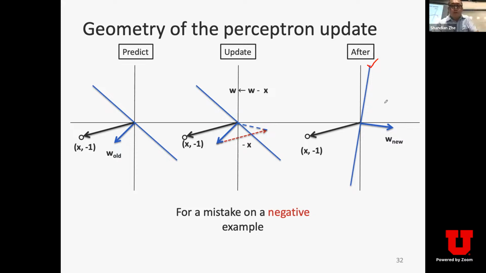So now, if we use our new model to make a prediction on X, what's the label? Negative, right? Why? Because this angle is now bigger than 90 degrees, so the dot product is negative. So our prediction will be negative. Now your prediction is right.